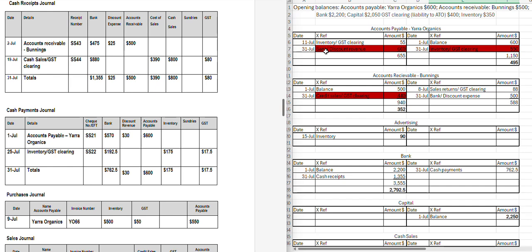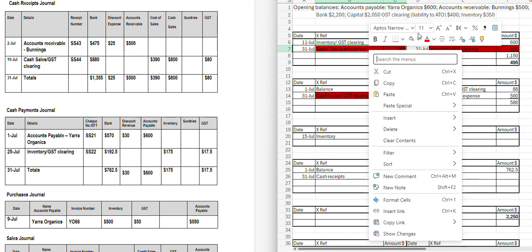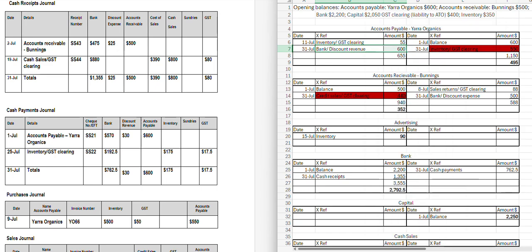Both of those are reducing our amount owing to the supplier, and when a liability goes down, we do a debit entry. The debit entry needs to signify that two accounts have been affected here. The bank for the $570 and the discount for $30 means we've got a total $600 that is reducing the amount owing to the account payable.